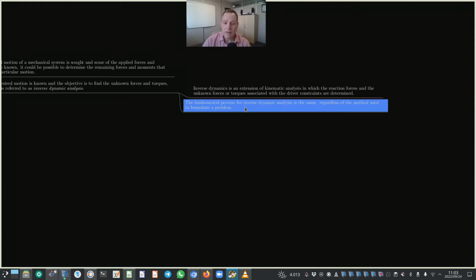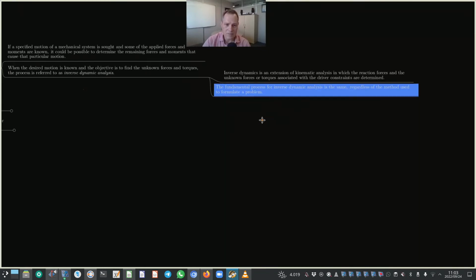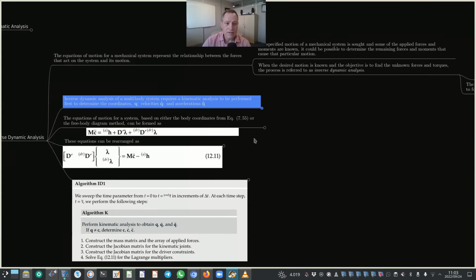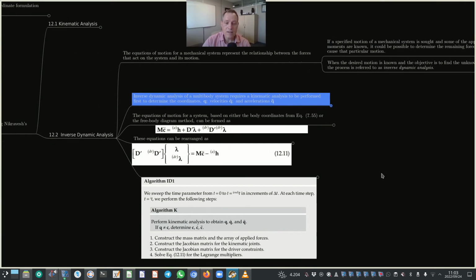The fundamental process for inverse dynamic analysis is the same, regardless of the method used to formulate the problem. Inverse dynamic analysis of a multibody system requires a kinematic analysis to be performed first to determine the coordinates, boldface q, velocities q dot, and accelerations q double dot. These are algebraic vectors, which is the reason for them being printed as boldface.